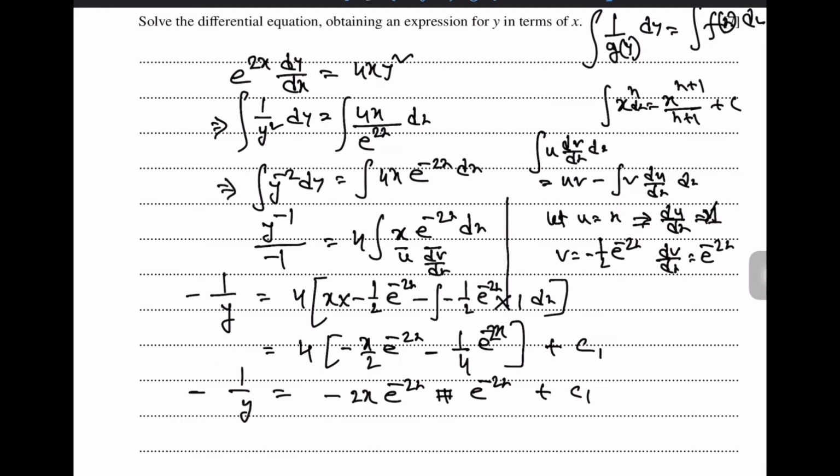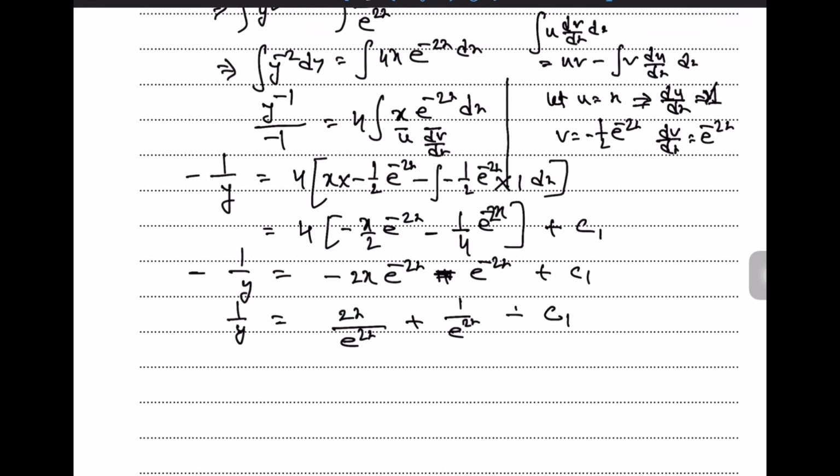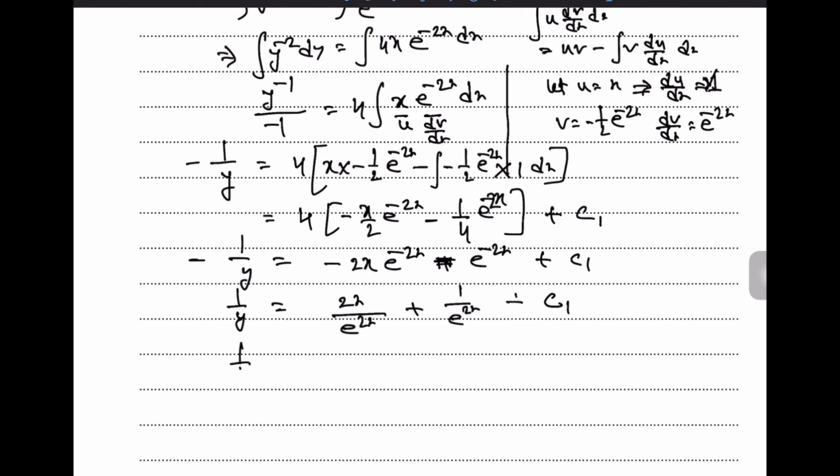Obviously this is minus, let me cancel the minus sign from all. 2x e to the power 2x, plus 1 by e to the power 2x, minus c1. So 1 by y equals e to the power 2x plus 1, plus c.